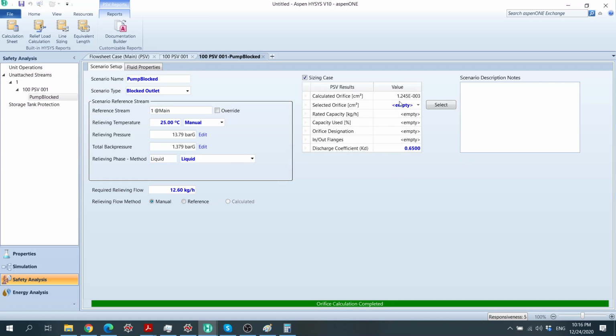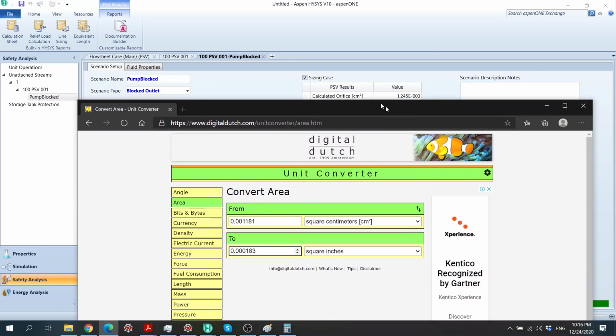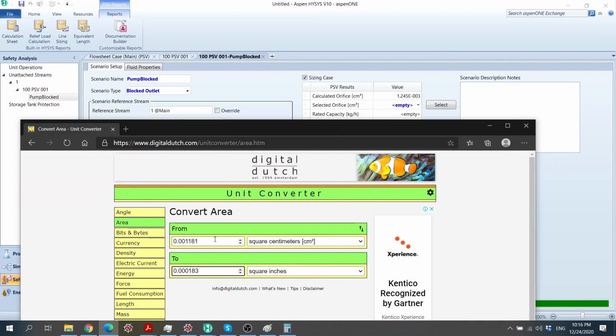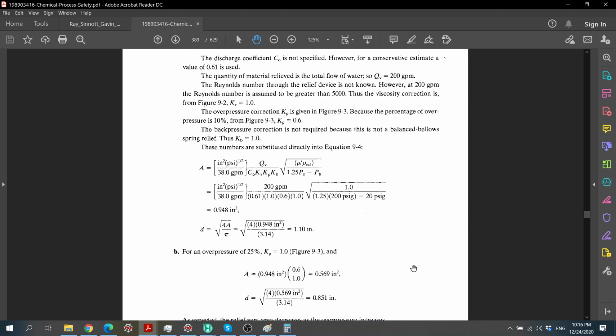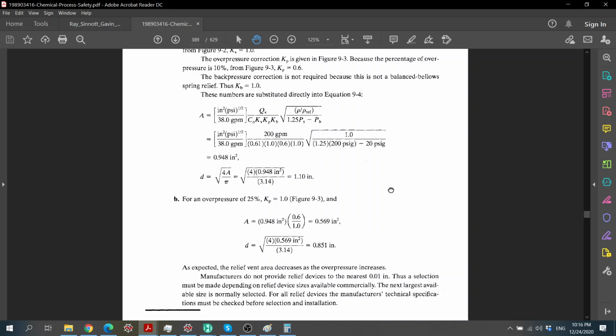And then this is 1.245. It's 0.00000193. Seems very small. It's because it's 0.9.